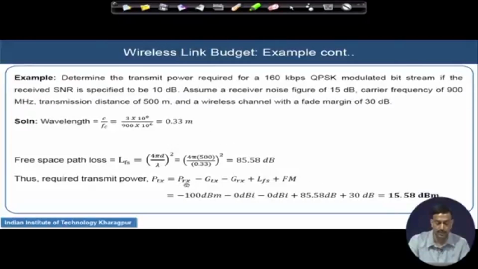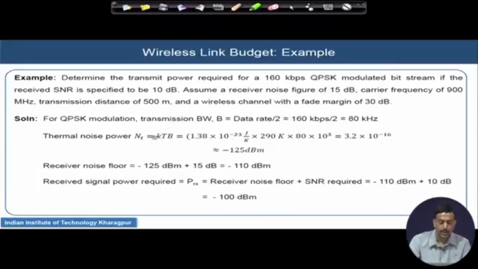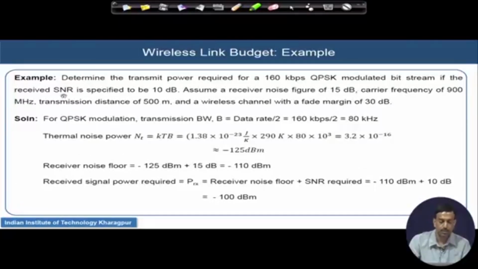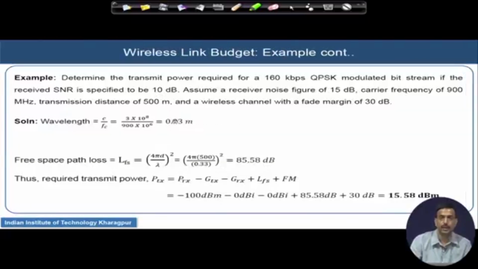dBm. So what we see is that we have made use of the link budget parameters like the free space path loss and the thermal noise power and of course the noise figure in order to calculate the required transmit power for a system whose received SNR is specified to be equal to a certain value, and this is another way of using link budget in order to design a wireless system.